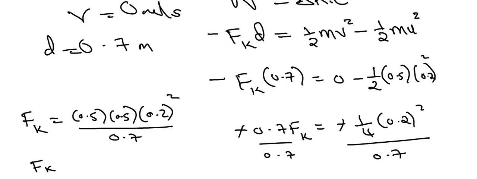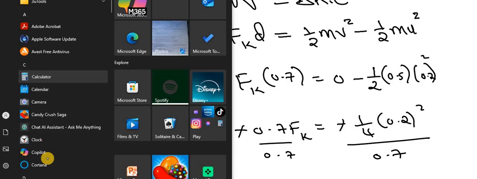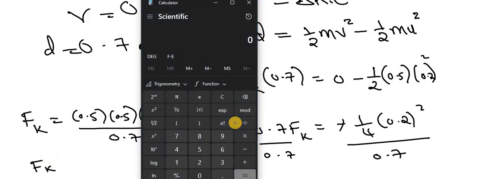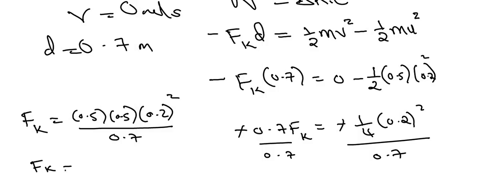If we punch this in, 0.5 times 0.5 times 0.2 times 0.2, then divided by 0.7, the answer I'm getting is 0.0114 Newton.